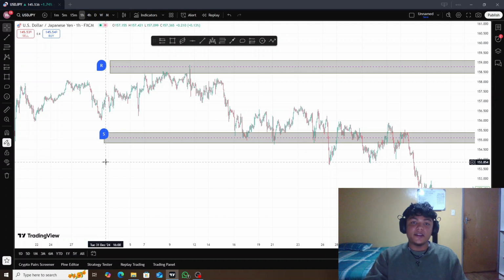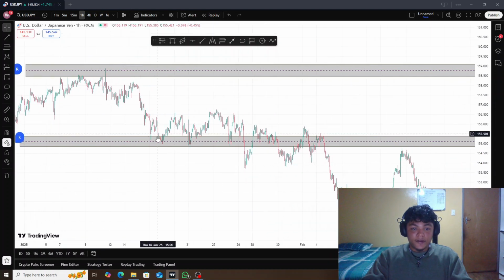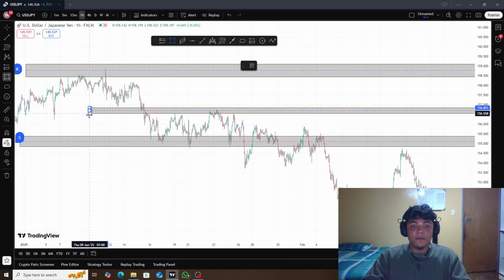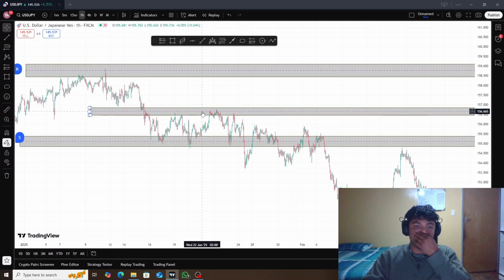And because we are in a downtrend, support will always become resistance. So now the market reacted, and something here stopped the market from going above this level, because we are in a downtrend.